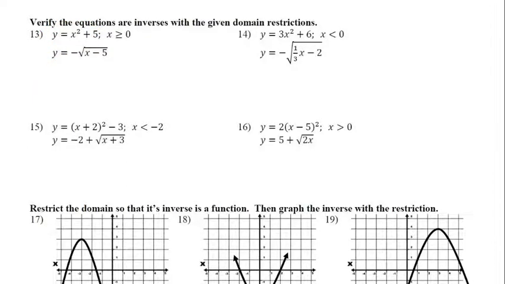Remember, if it's a greater than, that means I want that side. So if it is a greater than sign, that means I want the positive root, because it's going to positive infinity.